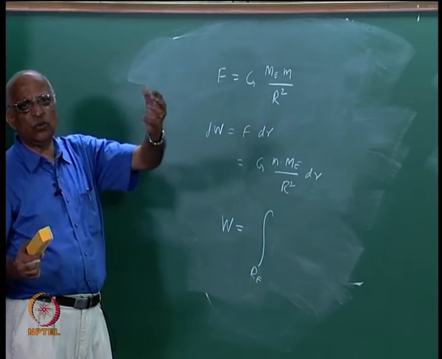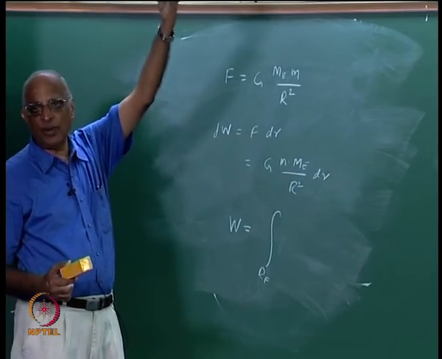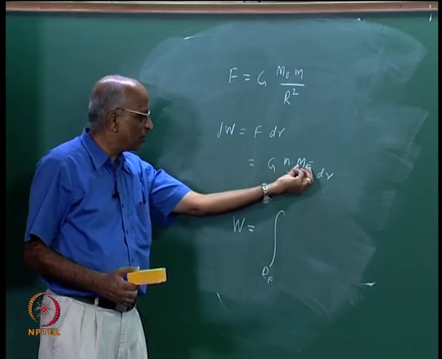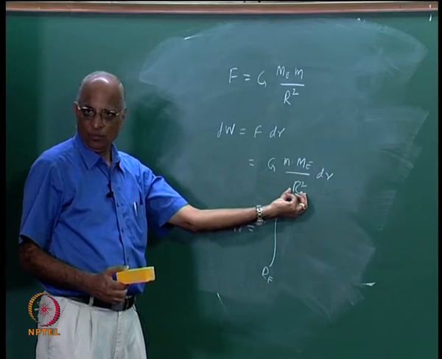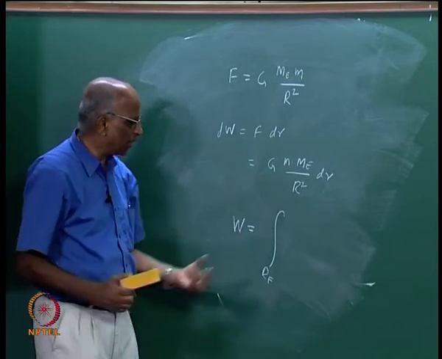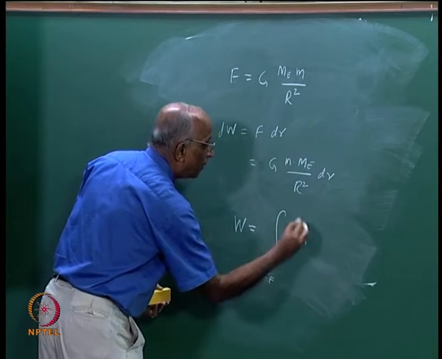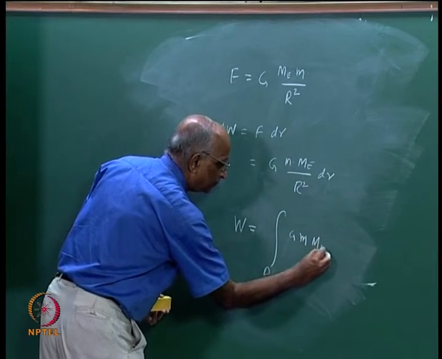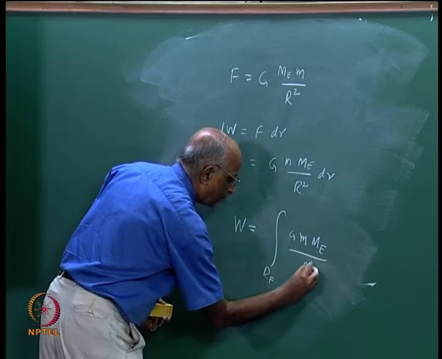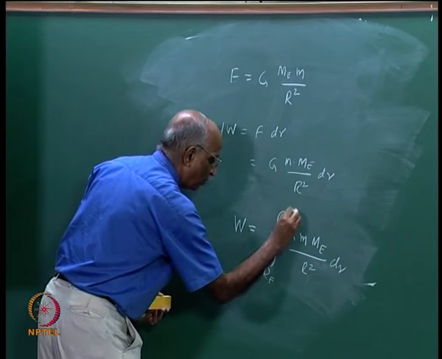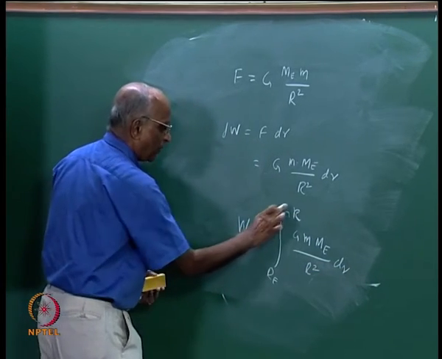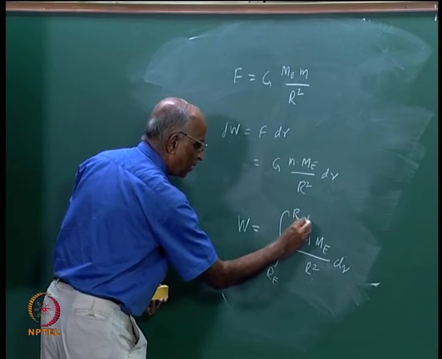Supposing somebody wants to go from the surface of the moon to some height, I just have to take the mass of the moon, the radius of the moon plus the particular height I consider. Therefore, I have G m Me divided by r square into dr as I go from the surface, and if I want to put it in terms of height, from RE plus h.